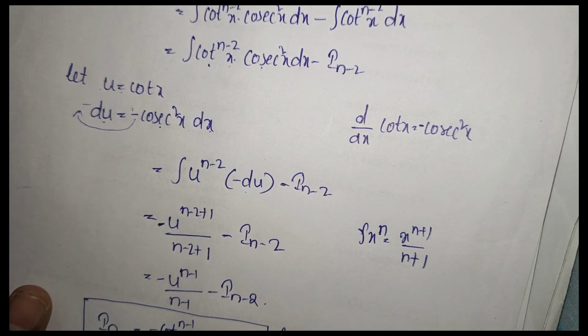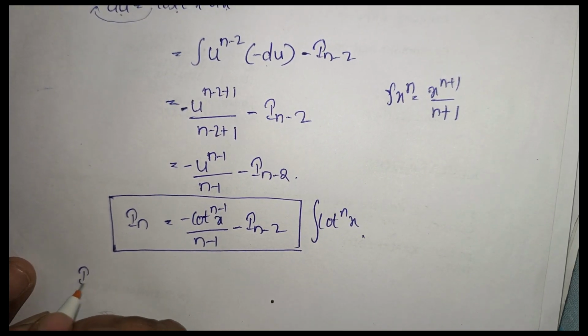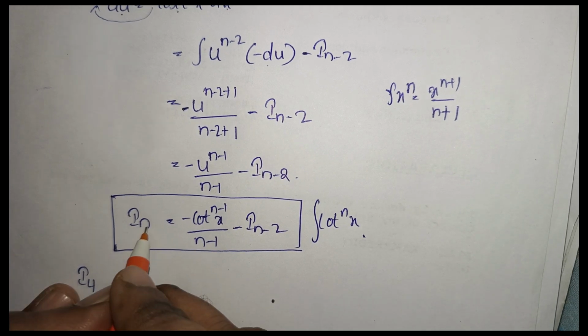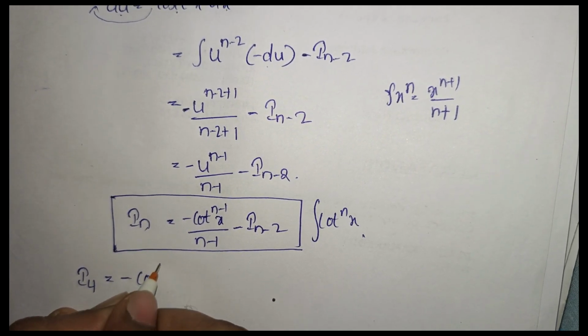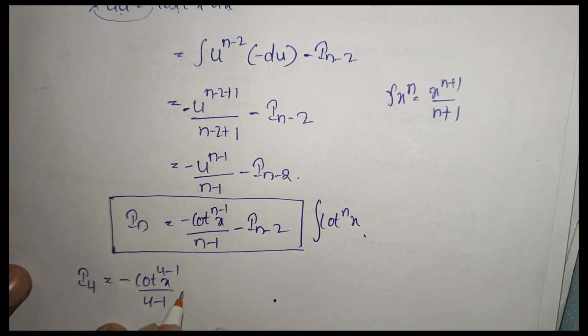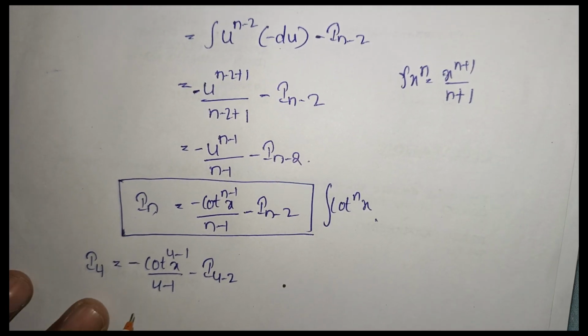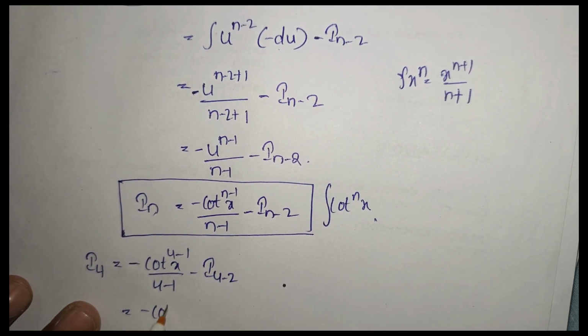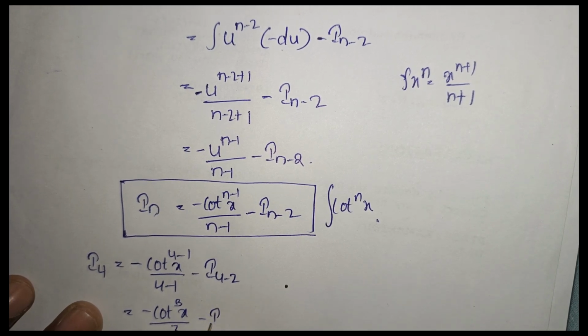Right, what we have to evaluate next? We have to evaluate I4. What does I4 mean? Wherever you find n, replace it with 4. I4 is equal to minus cot to the power of 4 minus 1 x by 4 minus 1, minus I_{4-2}. So we get minus cot cubed x by 3 minus I2.